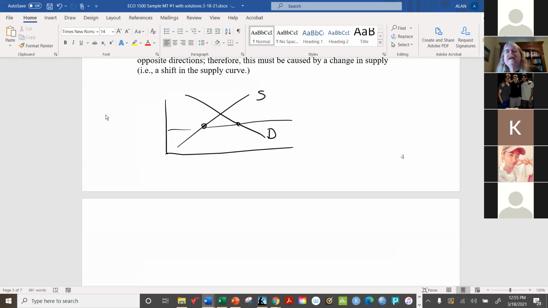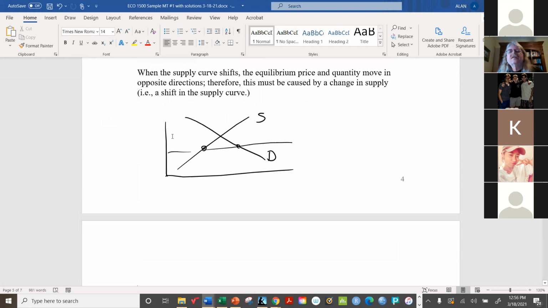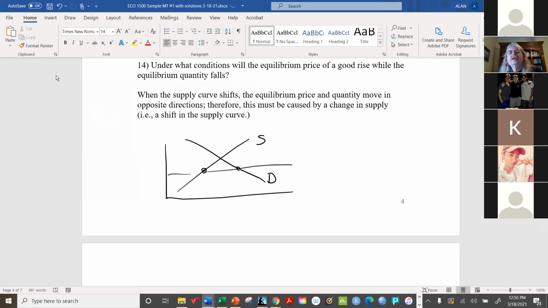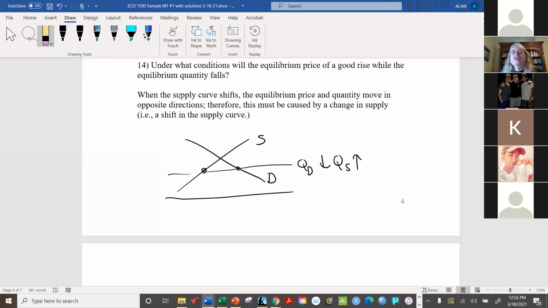The problem though with that is that it's kind of an ambiguous case, because here you can see that while the price rises as a result, the quantity demanded is actually dropping and the quantity supplied is actually rising. So that's why this is not really the best answer, because here what they're saying is that unambiguously the quantity is going down. So that's why I would not choose that as an answer. What I would do instead is choose a shift in the supply curve. But it's a good thought.